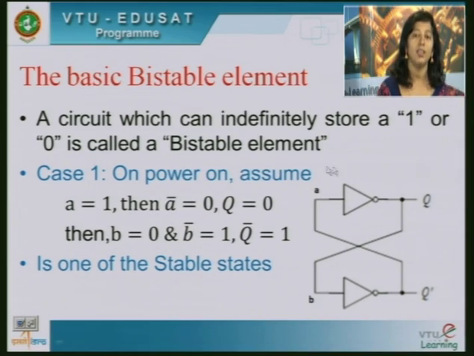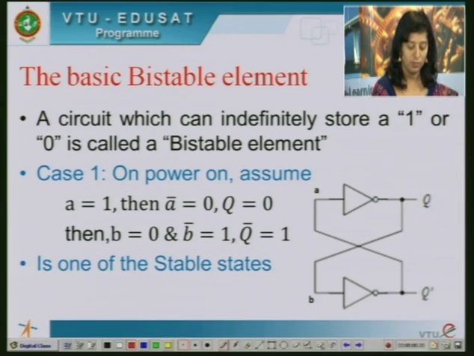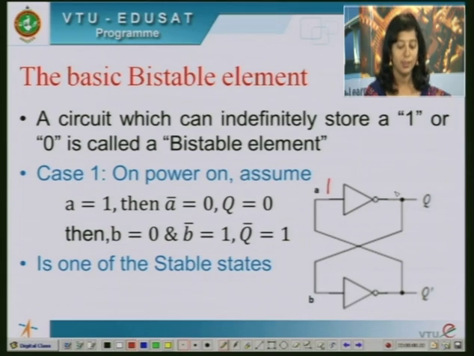On power on, if we assume that this A is 1, so A is high, then what happens? This Q will become 0. If A is high, Q becomes 0, and this 0 is coupled to the next stage, and Q bar remains high.